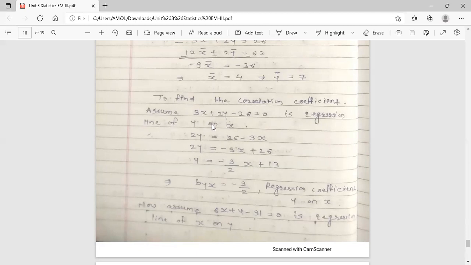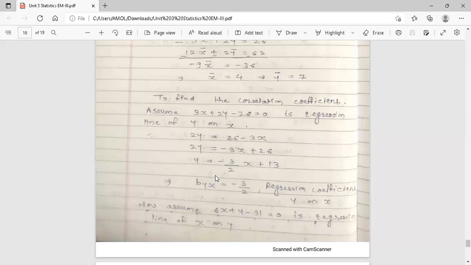So this is only our assumption that the first equation, 3x plus 2y minus 26, is the first regression line, and we are assuming it is the regression line of y on x. So you find the value of y. Rearranging, 2y is equal to 26 minus 3x. Write the term of x first: 2y is equal to minus 3x plus 26. And so y is equal to minus 3 by 2 into x plus 13.